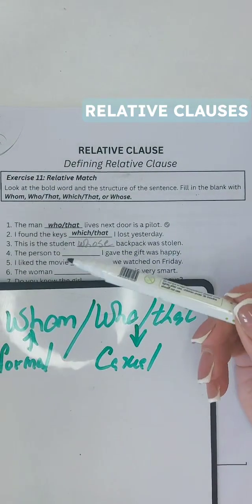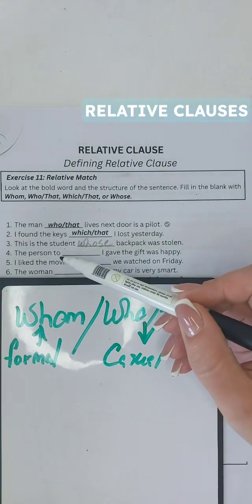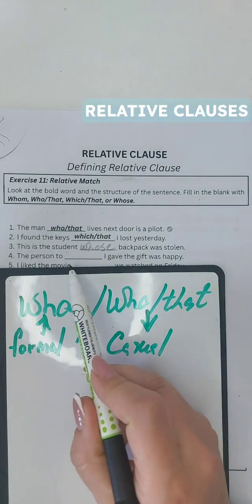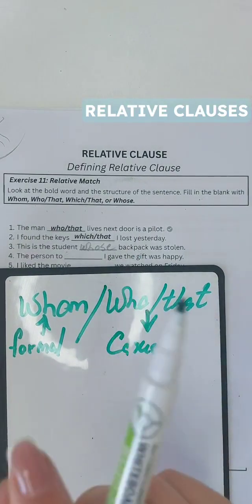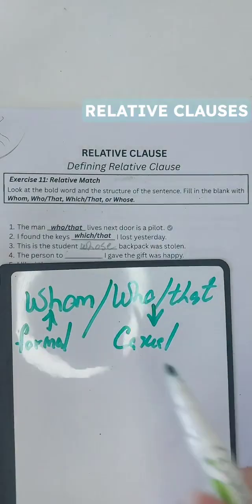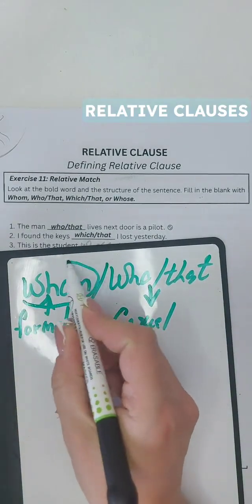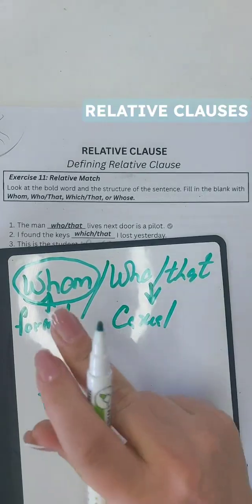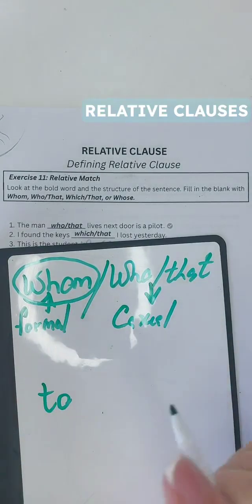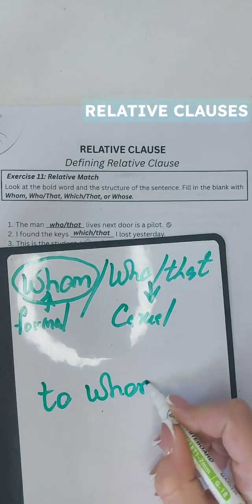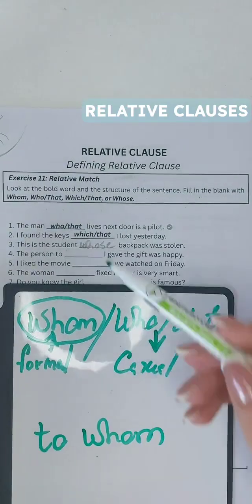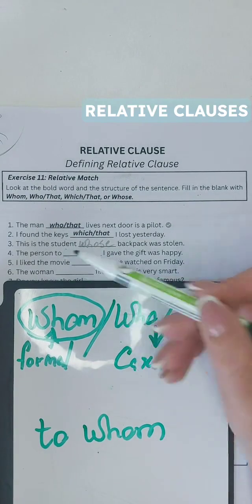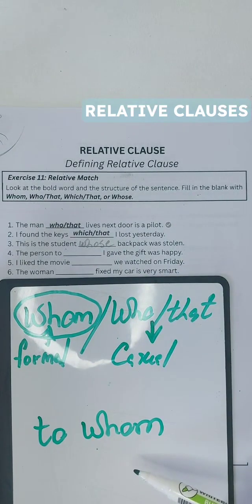If in the sentence we see a preposition in front of the relative word, we should use whom. Only whom can have the preposition in front of it.